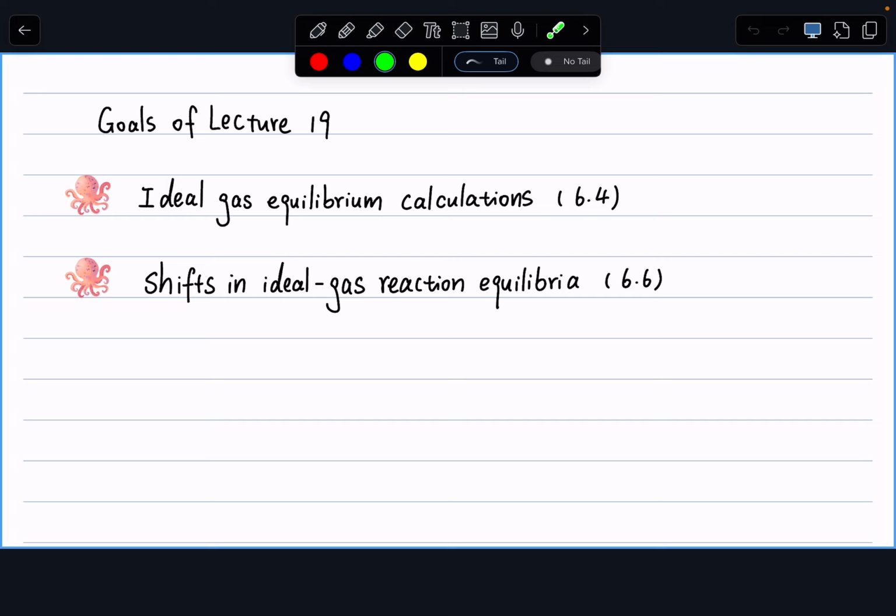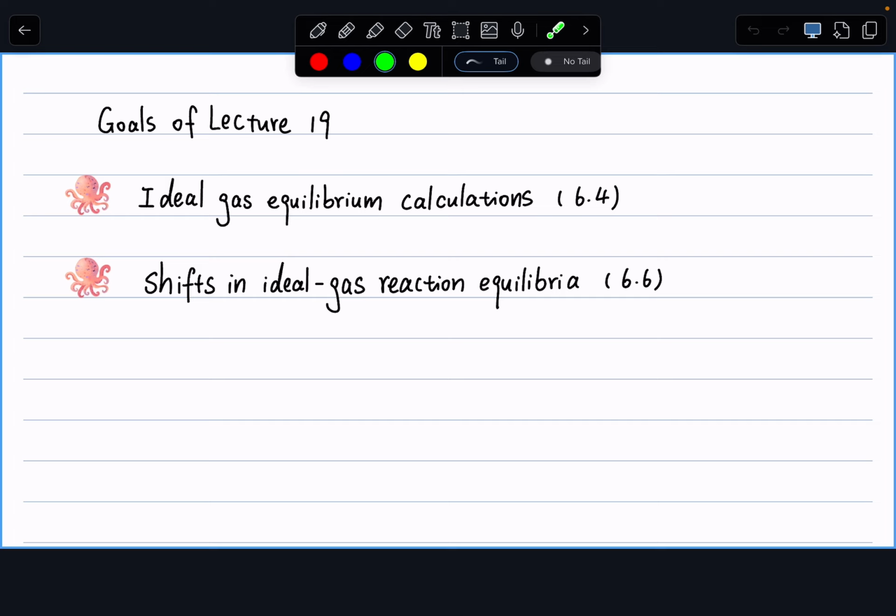So today will be more or less an application type of class. Like in all of our classes, we spend lots of time talking about the abstract concept or definition of these terms. Then we spend some time deriving those abstract concepts into equations that we can use in solving chemistry problems.